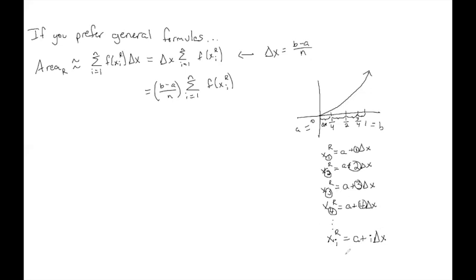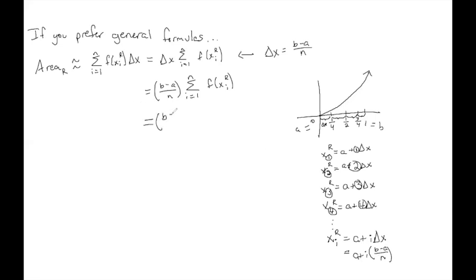Oh, and would you look at that? I know what delta x is too. a plus i times (b minus a) over n. And all of a sudden, I've gotten rid of delta x's and x_i^R and this hideous notation. It's a little bit nastier looking algebraically, but all of the information that we need is given to us in the problem. It's just a matter of plug and chug at that point.